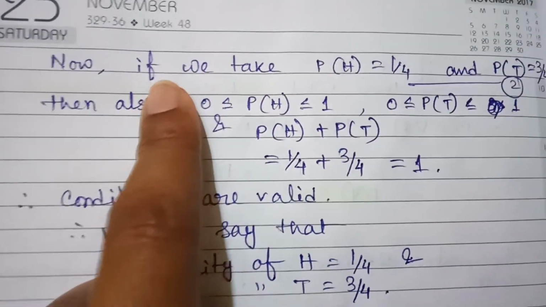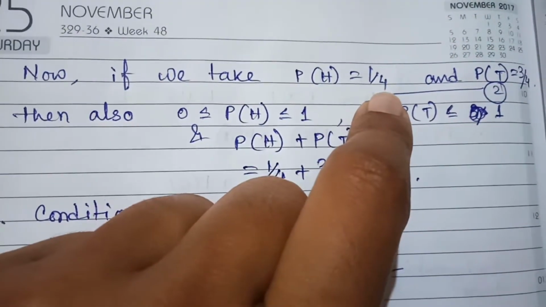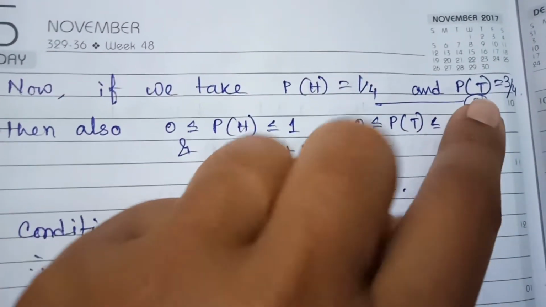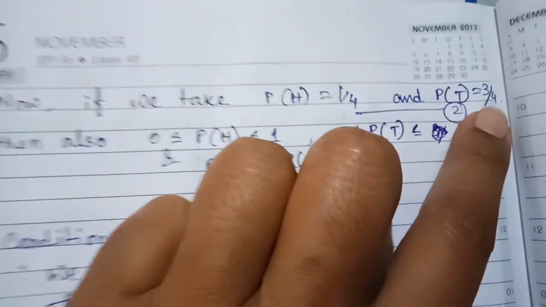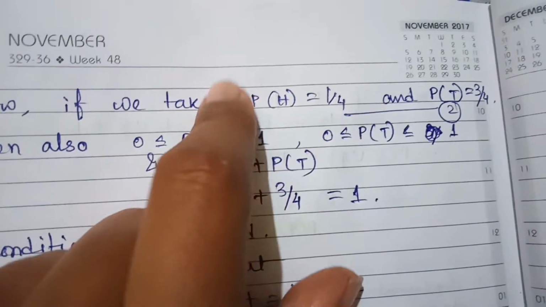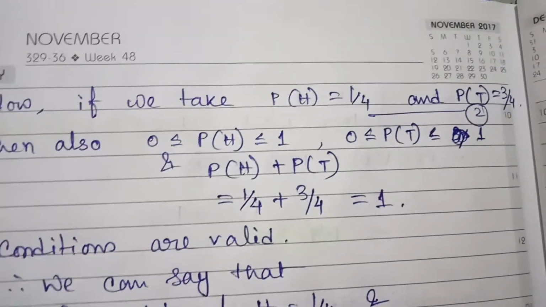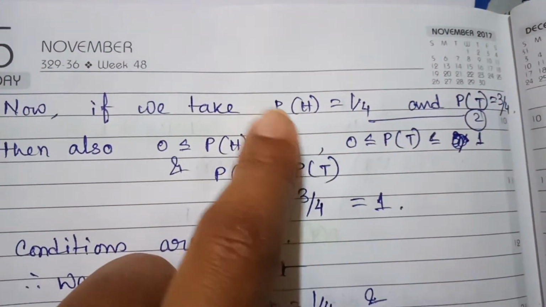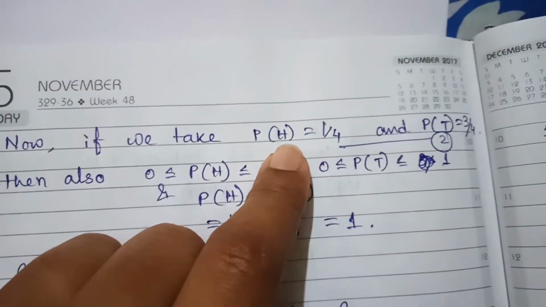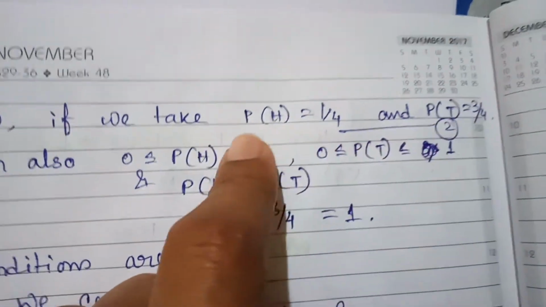Now, suppose we take P of H equals 1 by 4 and P of T equals 3 by 4. And this is the given second assignment. Look, our natural convention is probability of head equals half and probability of tail equals half. But we are not taking it.